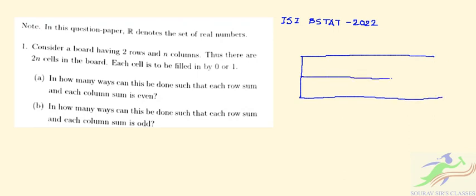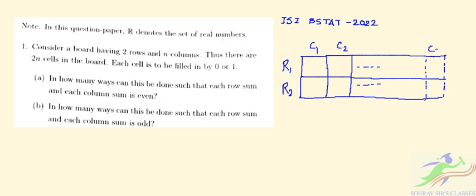So these are the 2 rows, R1 and R2, and we have n columns, C1, C2, up to Cn over here.